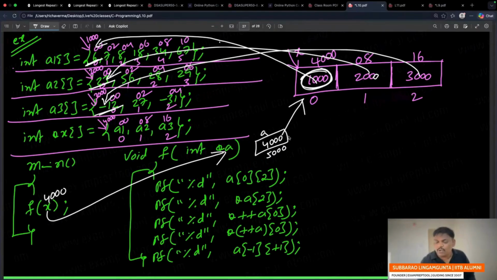When I say plus 1, we will go to the next. It will increase by 8 bytes. If I say increment A, it will increment by 8 bytes. Check properly.